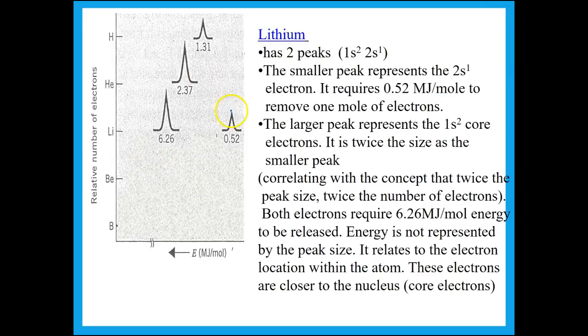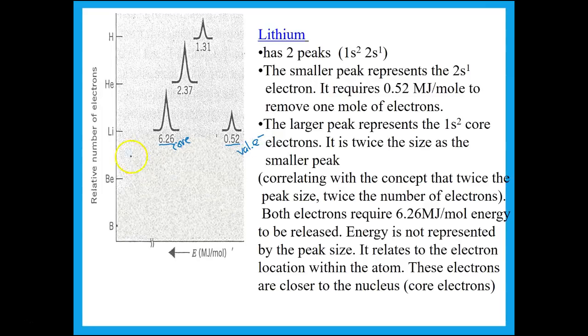We see the peaks. This one is half the size of this one, which means this has double the number of electrons. This one is higher in energy than this one, which means these are closer to the nucleus, being held more tightly. So if we know anything about lithium and we know anything about these things, these have to be core because they're higher in energy, and these must be the valence electrons.